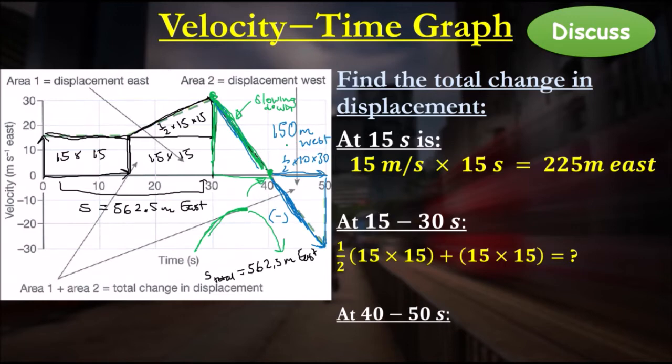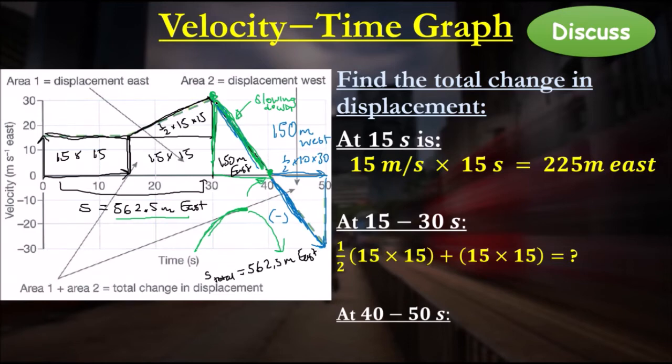So clearly, if we were to look at the total displacement of the object, we would need to add the values that we have here with the value that we have here. At this point here, the object has traveled 150 meters towards the east. Just because the gradient is going down doesn't mean the object has moved in the opposite direction. The only time an object is moving in the opposite direction is if the velocity becomes negative.